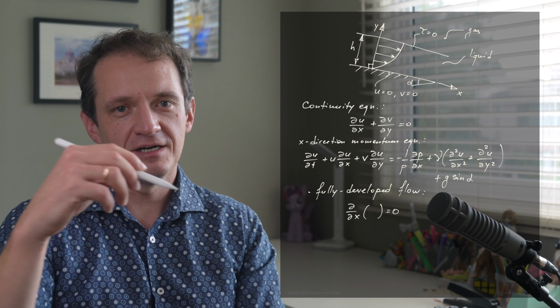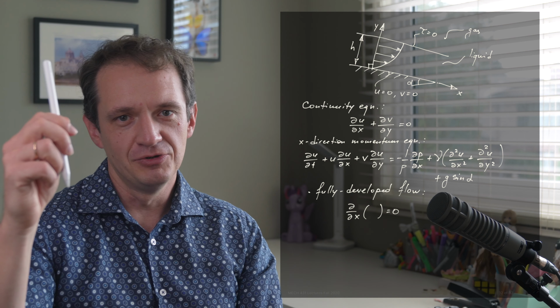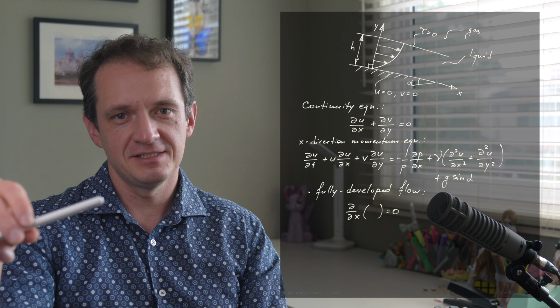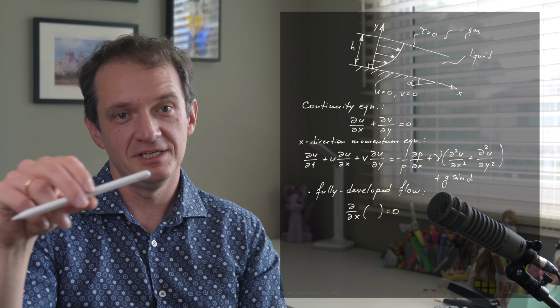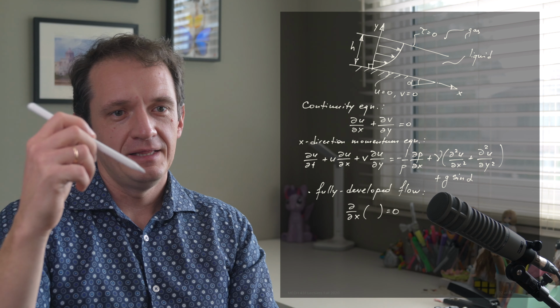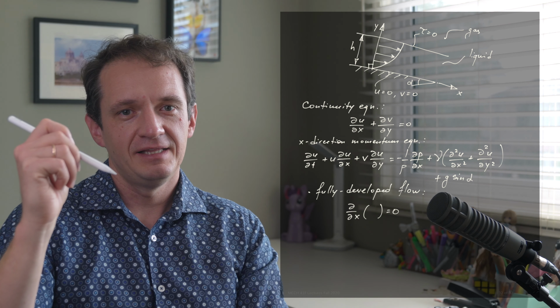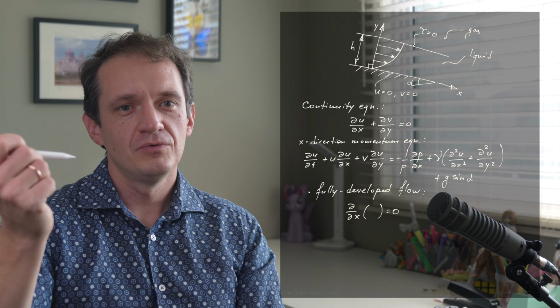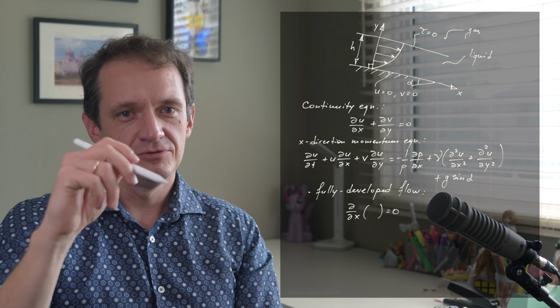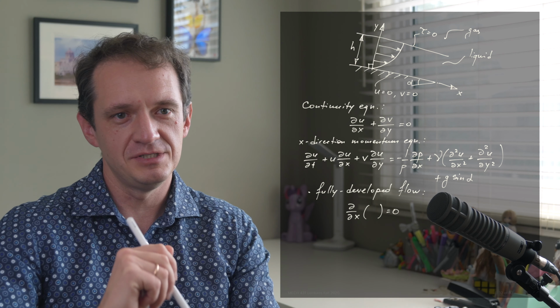In our case, the coordinate system is set up so that the y-axis is normal to the plane and the x-axis is tangent to it in the direction of the flow, so downwards. And the fully developed flow assumption tells that there are no changes in x. So d by dx of any flow parameter is equal to 0.